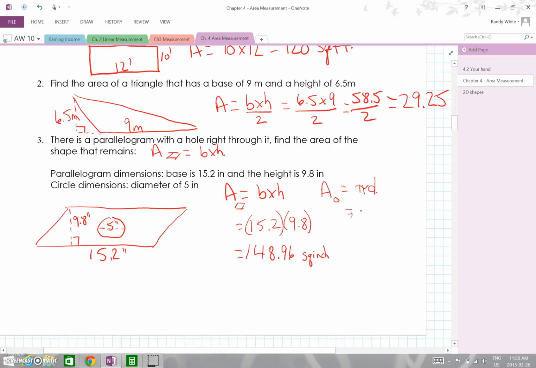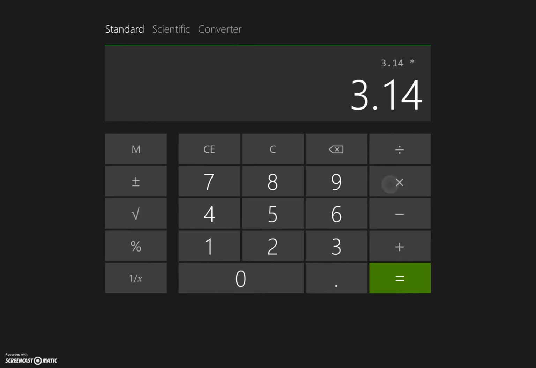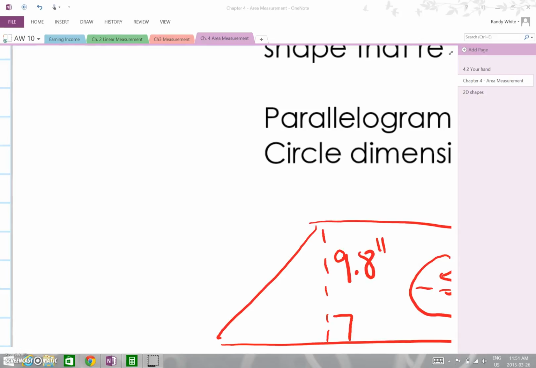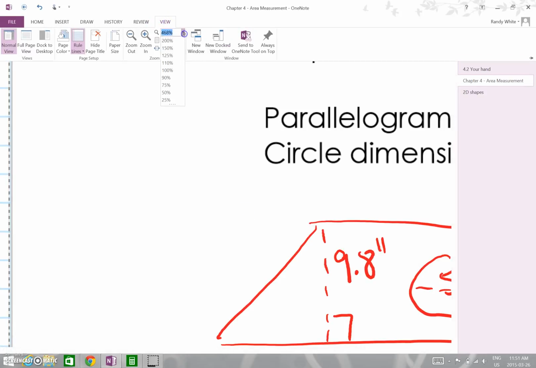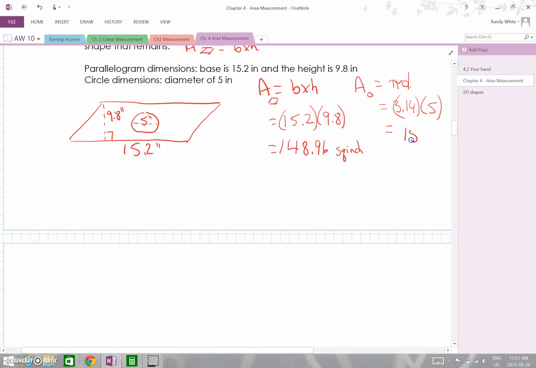Circle is 3.14 times the diameter, which is 5, so that's 15.7 square inches.